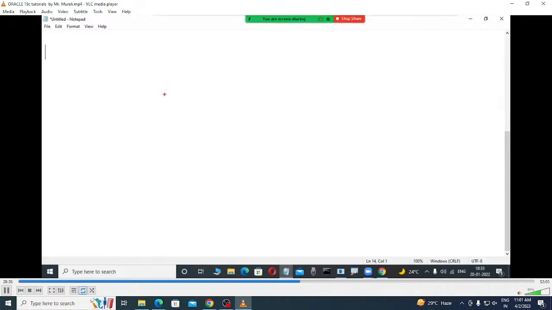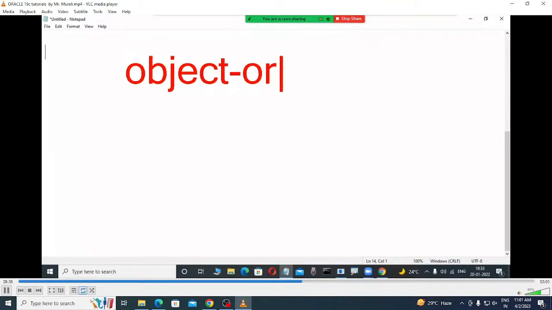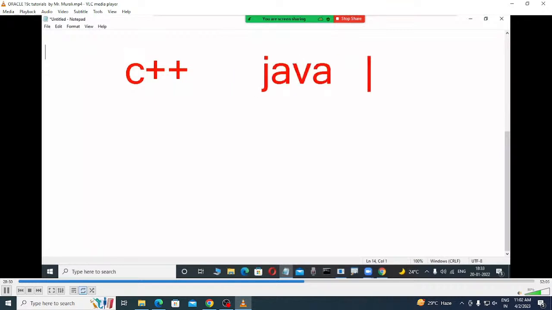Suppose there are so many object-oriented languages worldwide. C++ is an object-oriented language. Java is a popular object-oriented language.